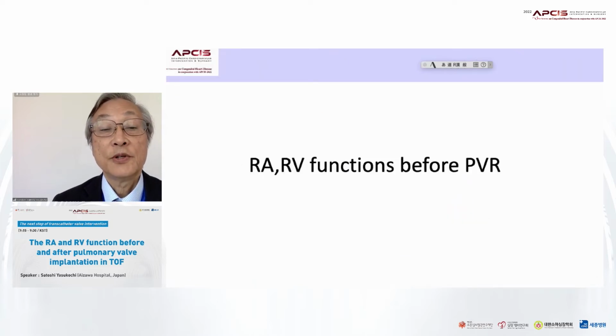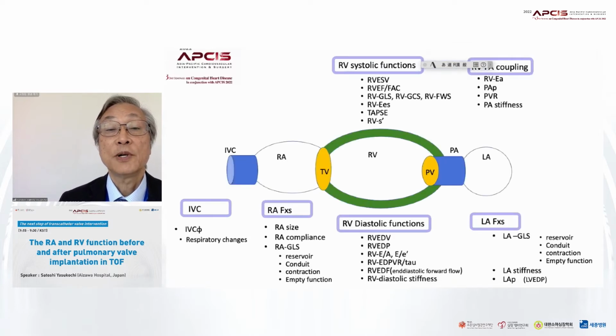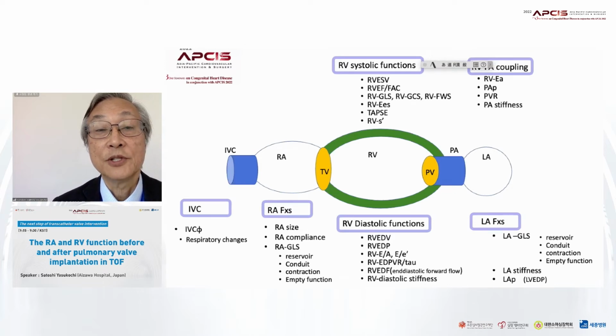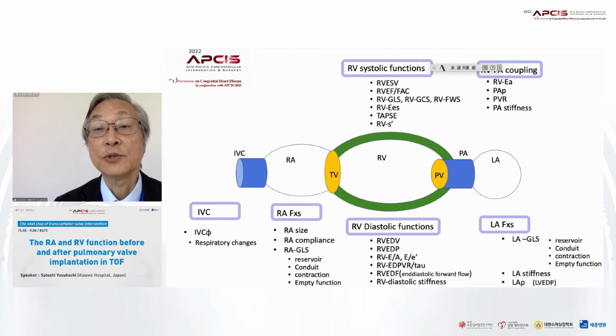Right atrium and right ventricle functions before PVR. These are the parameters for the overall assessment, including IVC, RV function, RV systolic and diastolic function, RV-PA coupling, and also LA function.